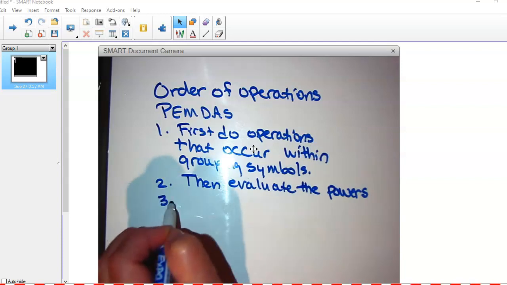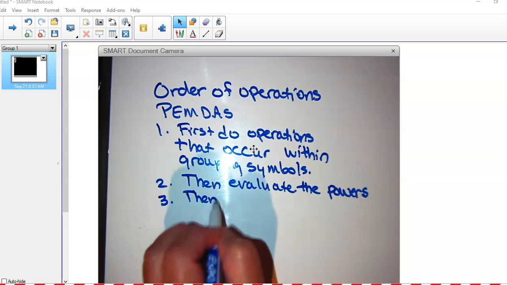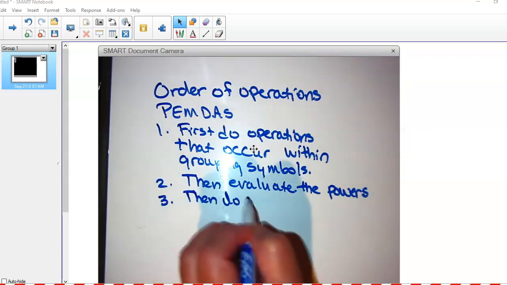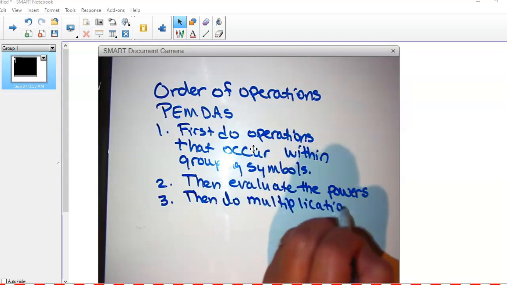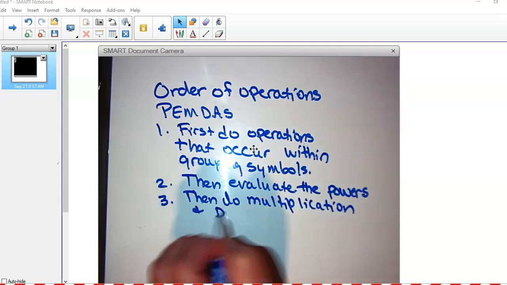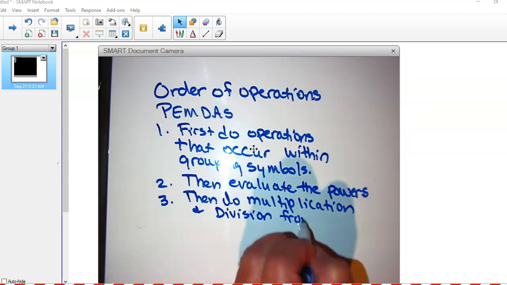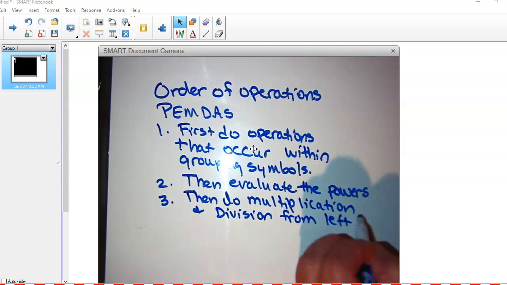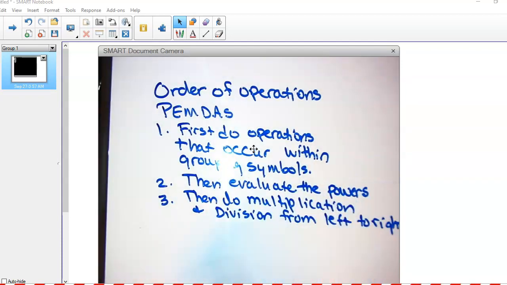A third, then do multiplication and division from left to right. So whichever one comes first, you need to do. Okay? From left to right.